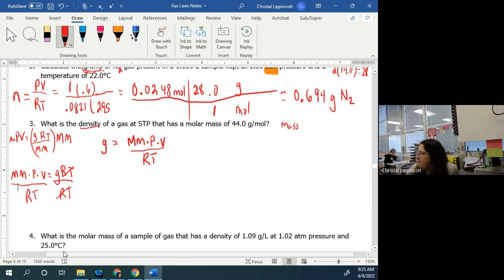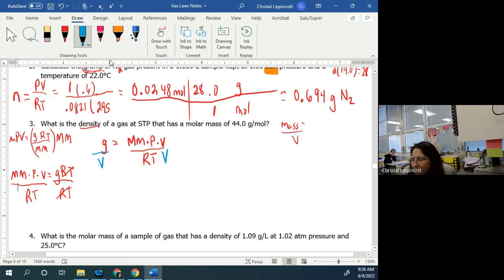Having fun yet? Now I'm going to get volume over here because remember, density equals mass over volume. So I need to get my mass over my volume. So now I'm going to divide this side by V, and I'm going to divide this side by V. So that's going to be grams over volume.